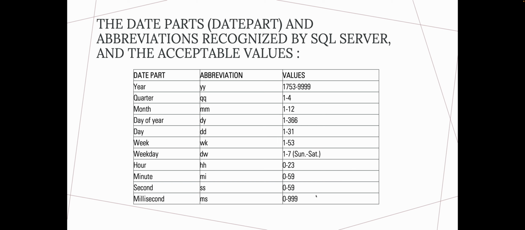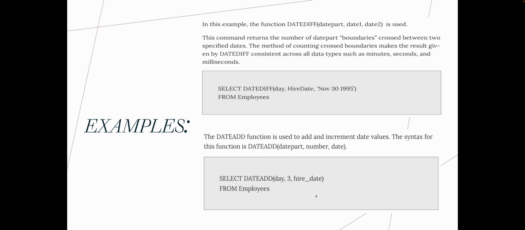For example, you've got year with the YY showing 1753 and then 9999. I'm not sure why it starts with 1753, but it starts with that and continues to 9999. Quarter, 1 through 4, month 1 through 12.